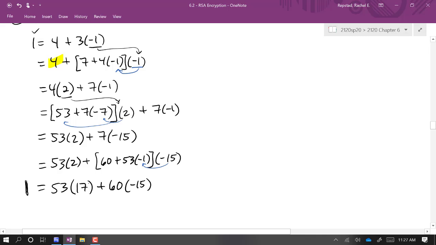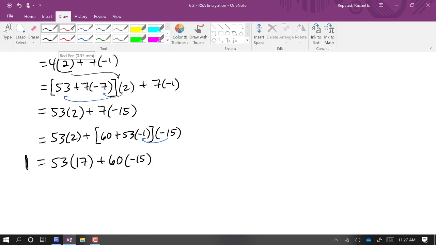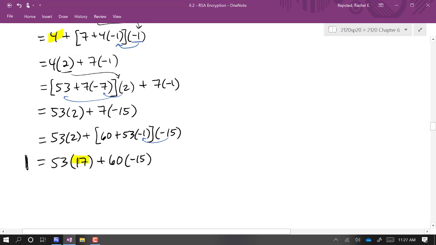I'm going to explain why in just a moment, but once you have it written this way, we wanted the inverse of 53, so the number that's coupled with it is the inverse. Now you have to be careful. I'm going to be really clear here.